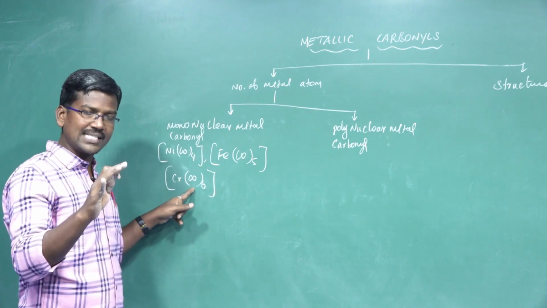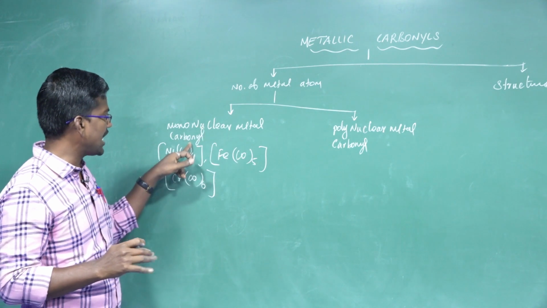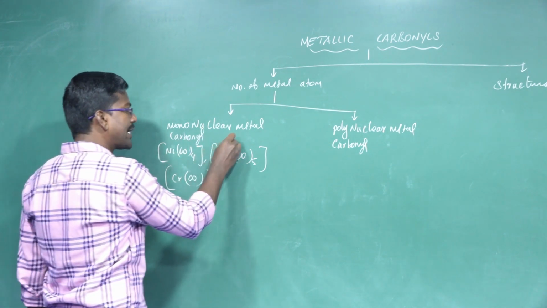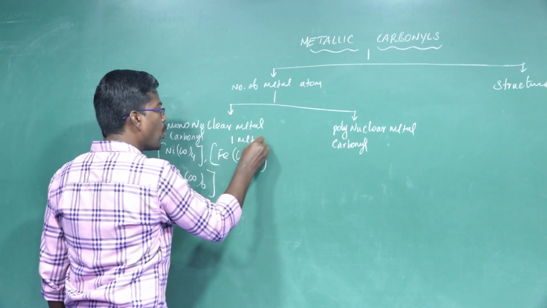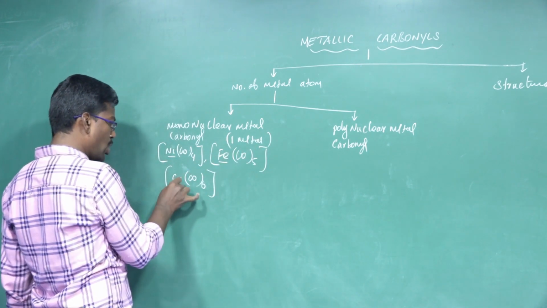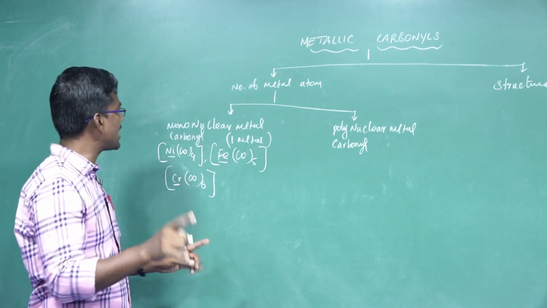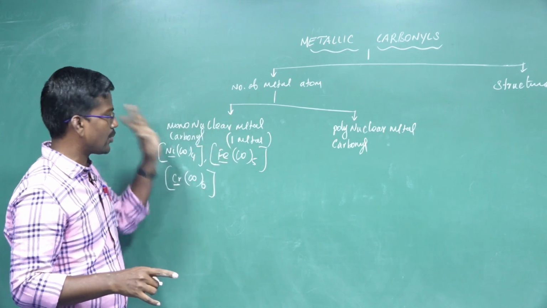Chromium hexacarbonyl has an octahedral shape. These are examples of mononuclear metal carbonyl, which contain only one metal atom. Nickel, iron and chromium: only one metal is present per molecule of the complex, known as a mononuclear metal carbonyl complex.